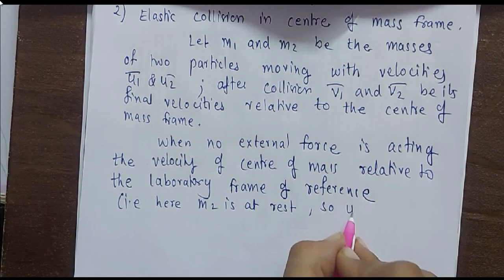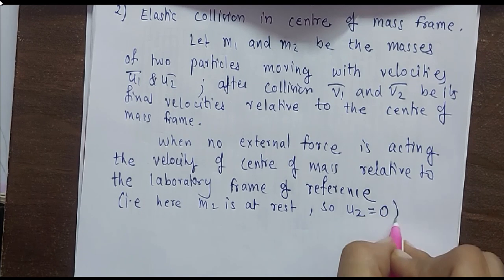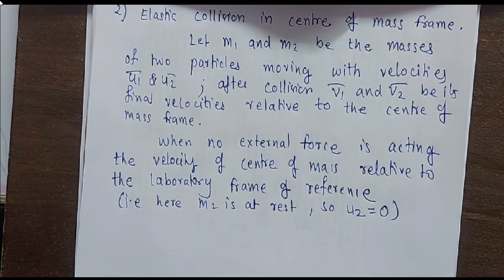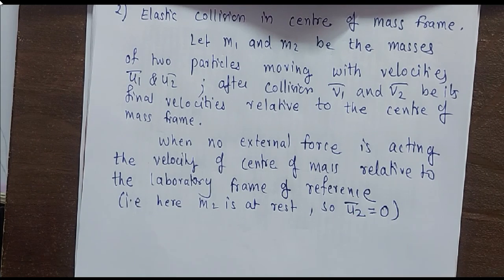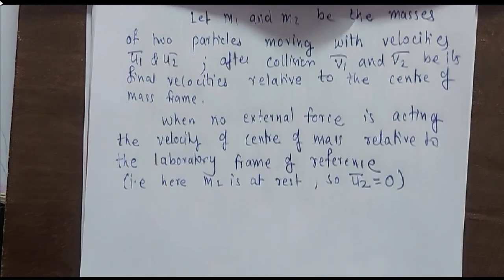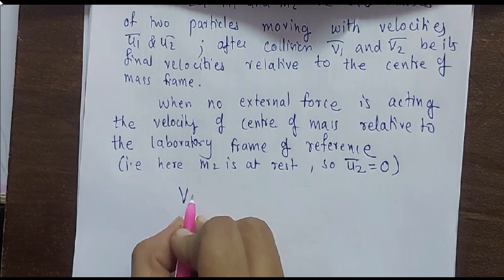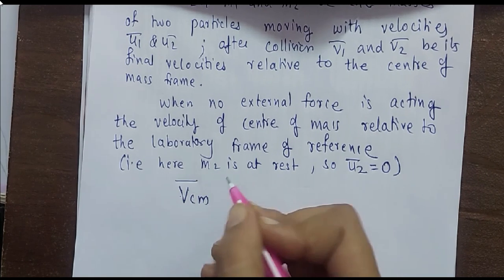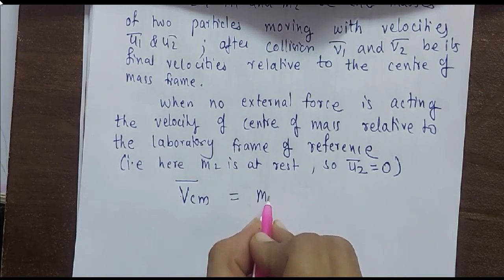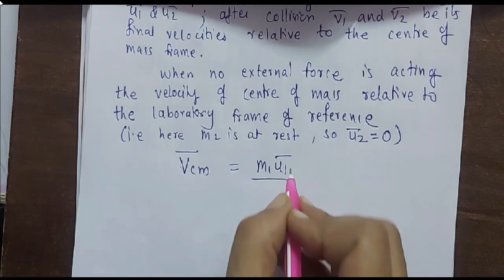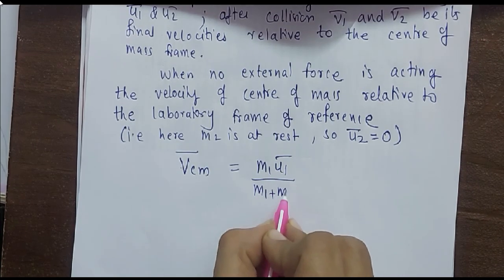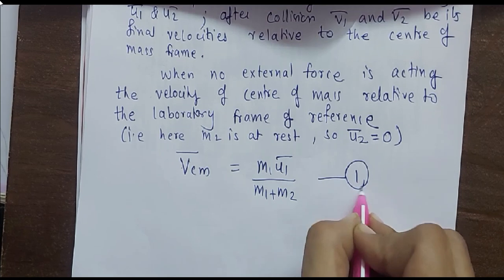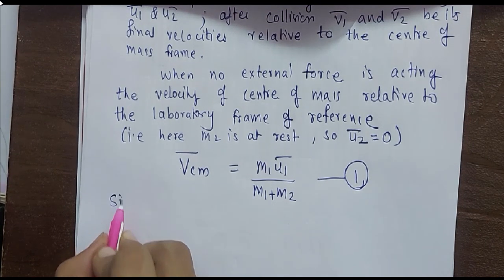So when m2 is at rest, its velocity is 0. We denoted velocity of mass m2 by u2, hence u2 is equal to 0. So we can write velocity of center of mass, VCM, is equal to m1 u1 divided by m1 plus m2, equation number 1.